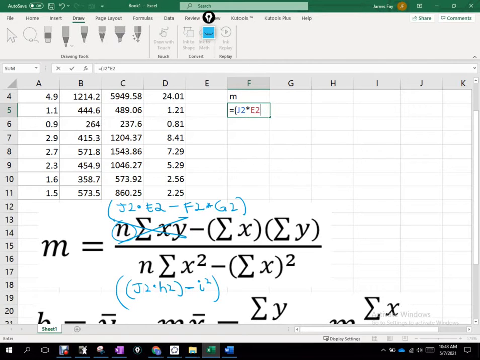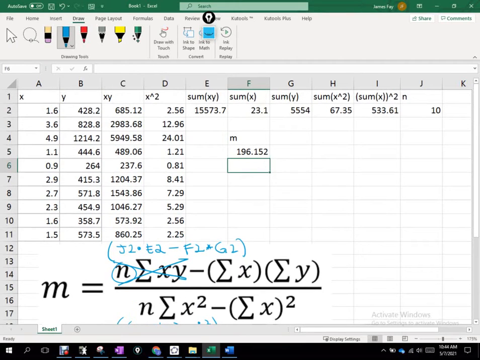So J2 times E2, minus F2 times G2, that'll be my numerator, divided by J2 times H2 minus I2. Close my parentheses off, and that should give me M. Okay? So that's the slope. That is the slope of the line of best fit.